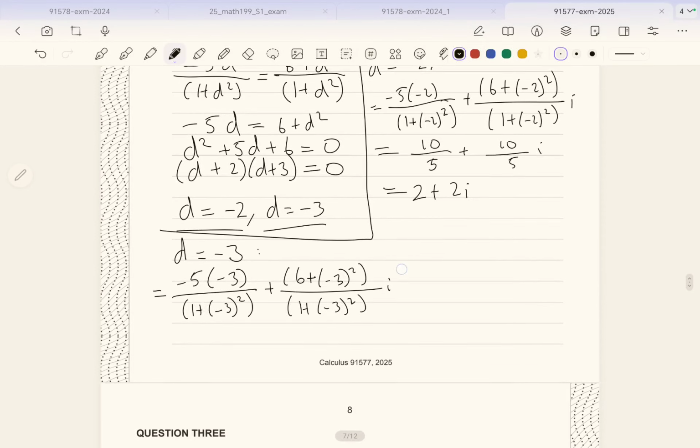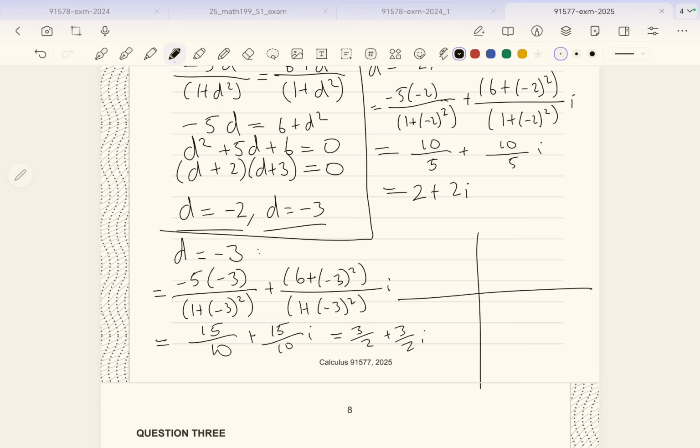This gives us 15 over 10 plus 15 over 10i, which is just 3 over 2 plus 3 over 2i. Then drawing these both on the Argand diagram. This is the imaginary axis and this is the real axis. So this is 2 plus 2i and 3 over 2 plus 3 over 2i is a bit less.